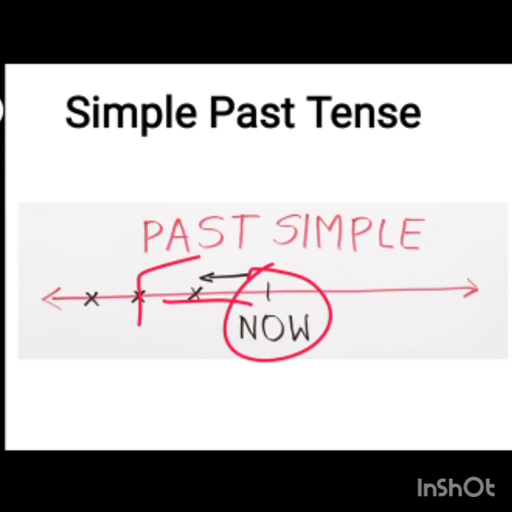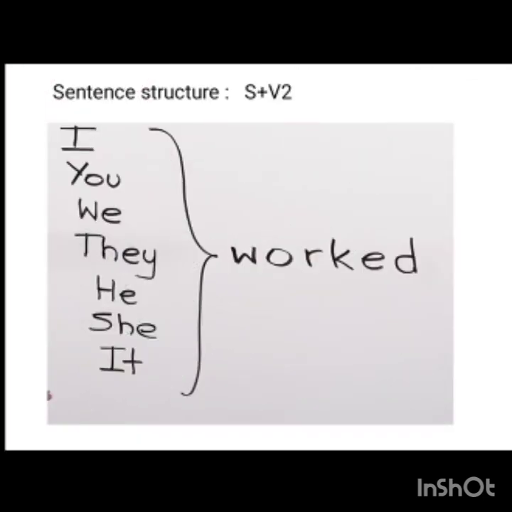Okay, simple past tense. This is the structure of the sentence: subject plus verb 2. We should not use verb 3 or verb 1, we should use verb 2.